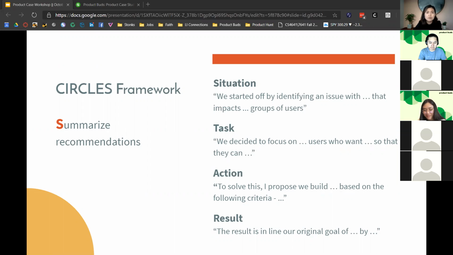So SAIL is my reinterpretation of the STAR method, because I think that the STAR method over-indexes on the situation and task part and leaves out things which I've included as the I and L in SAIL. So SAIL is for situation, action, impact, and learning. You briefly discuss the situation because that's not the important part.